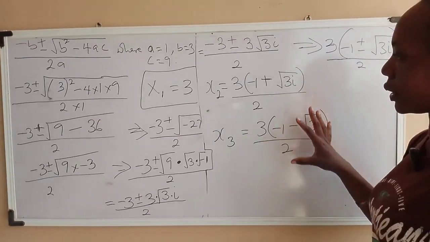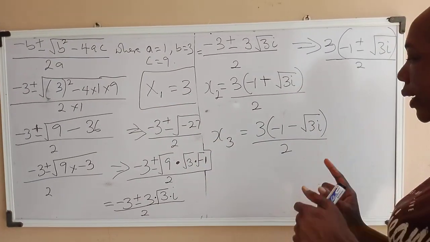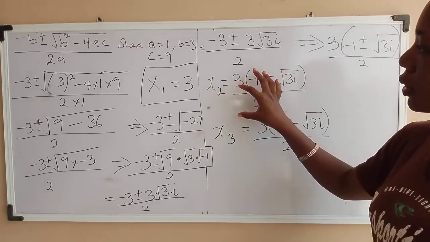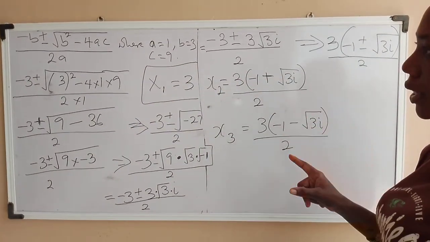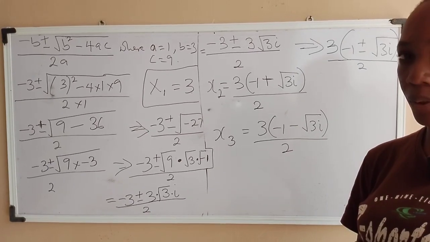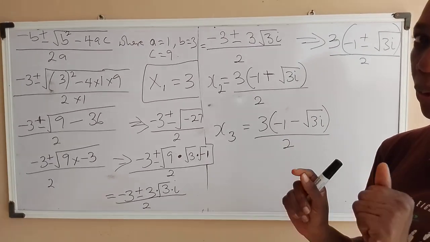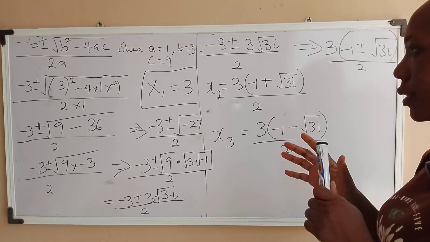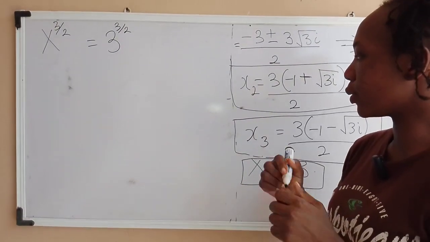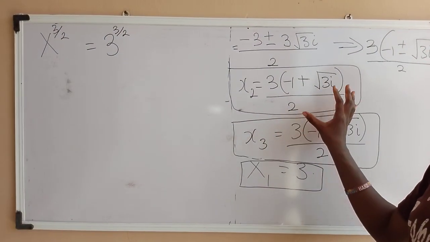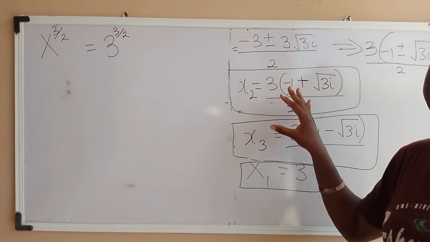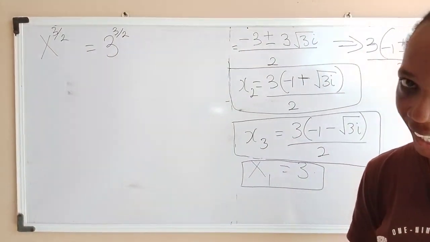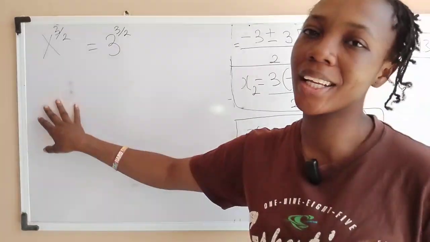So these are the three values, but we are going to check if we put these values into the equation, are we going to have a balanced equation? So we're going to find out now. We already know that if we should input this value here, there is no way we're going to get a balanced equation.